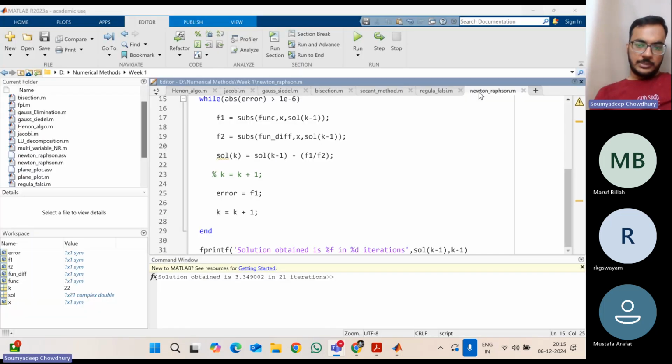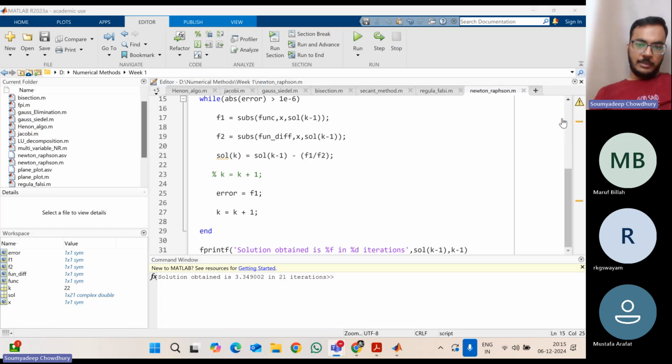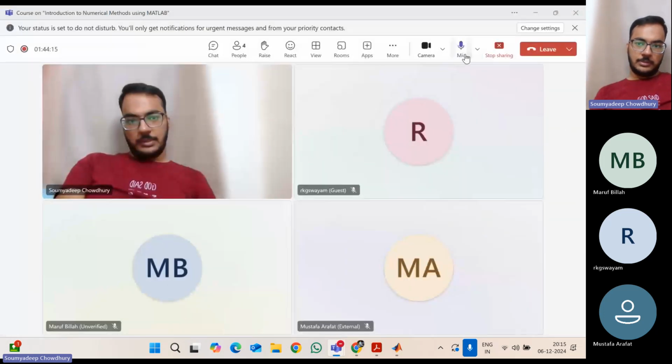So now we'll move to the last topic today, which is the multivariable Newton-Raphson method. I'll just stop sharing here and share my notes.